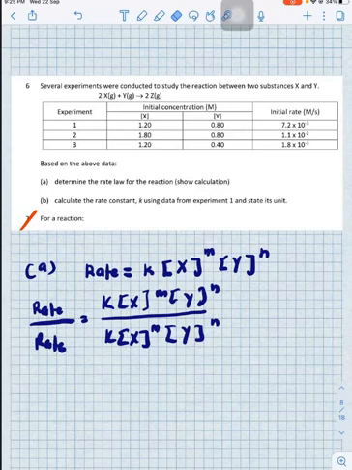Lepas tu dia ada bagi series of experiment 1, 2, 3. So by right kita tahulah kita punya general rate law will be rate equals to k X^m Y^n. Okay. So cuba korang buat inspect. Sebab dalam ni dia kata A, determine the rate law for the reaction by using calculation. Maknanya kita kena guna initial rate method. Cuba korang pilih dulu eksperimen. Yang mana kita boleh guna?